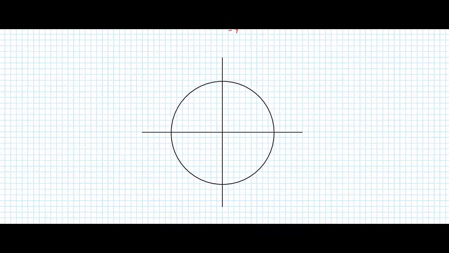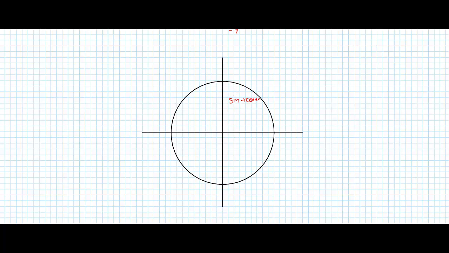Okay, so in the first quadrant, we have the sine, which is the y coordinate of all of these points, as positive. Sine is positive, therefore its reciprocal cosec is positive.